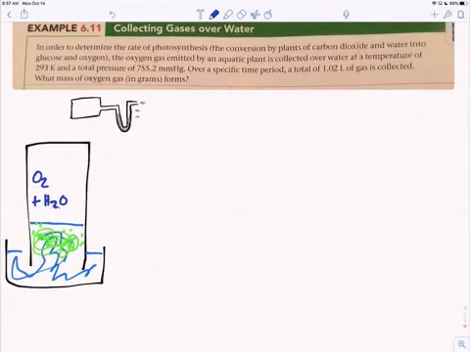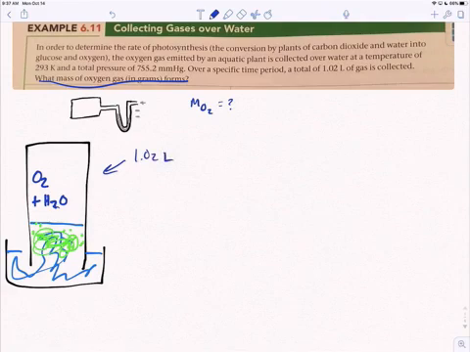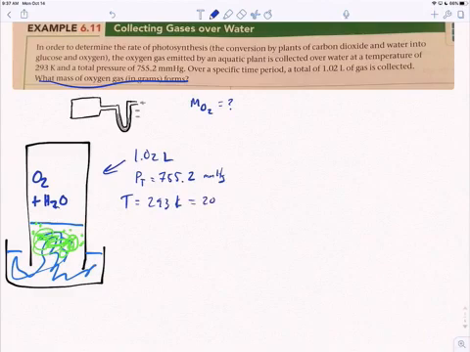We're looking for the mass of O2. What do we know? The volume is 1.02 liters, the total pressure is 755.2 millimeters of mercury, and the temperature is 293 Kelvin, which is 20 degrees Celsius.